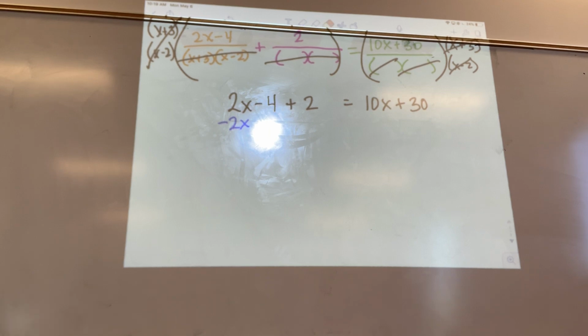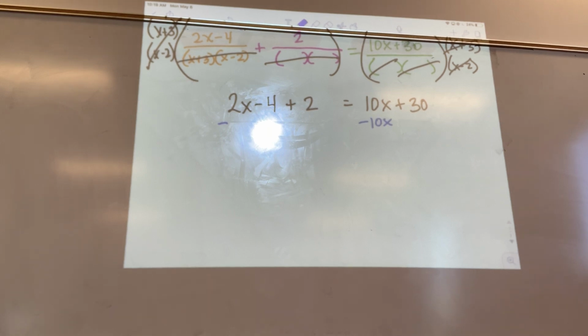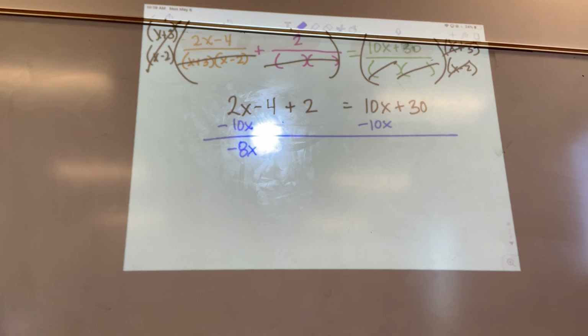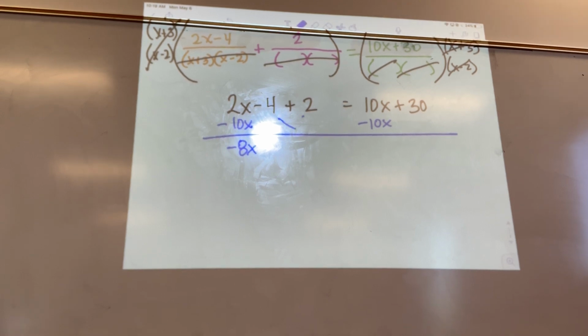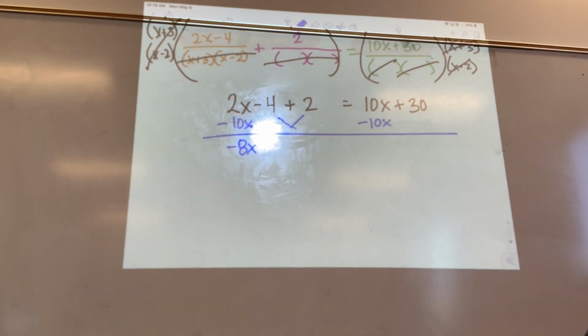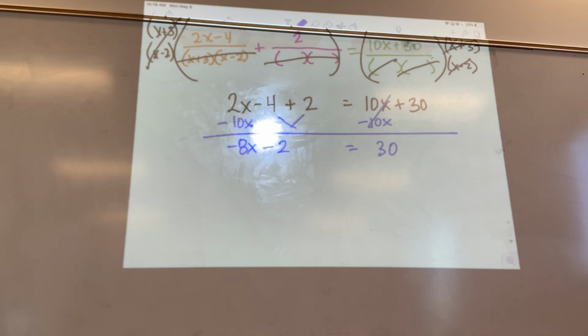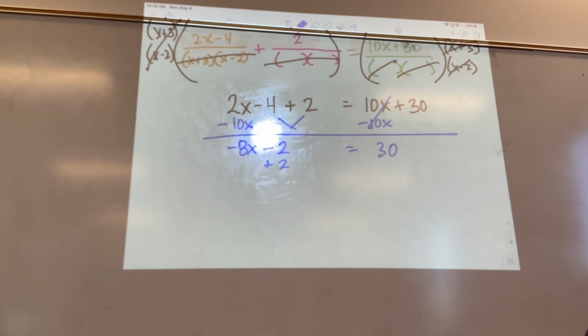Subtract 10x on both sides. And that gives me negative 8x. Combine them. So negative 4 plus 2 is negative 2. And then you add 30 and 2. Negative 8x equals.